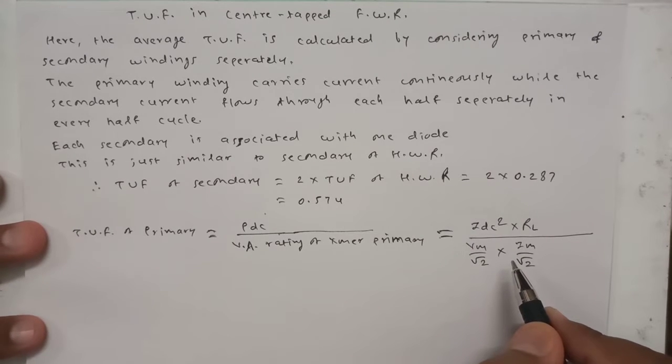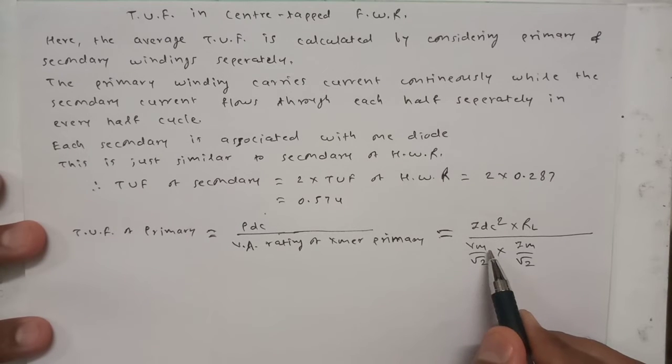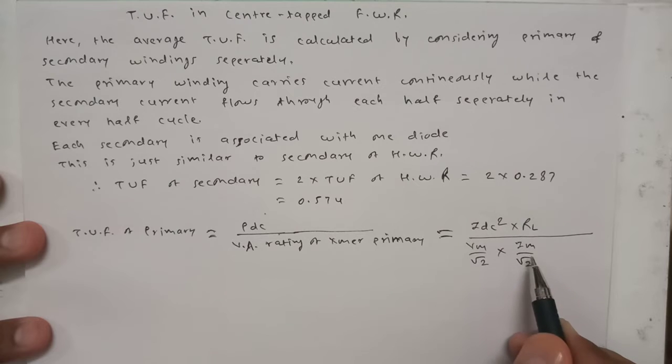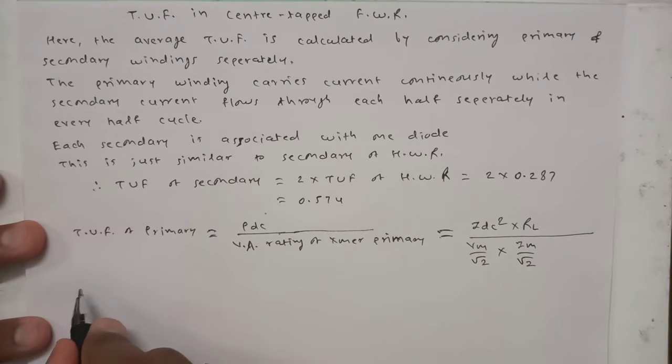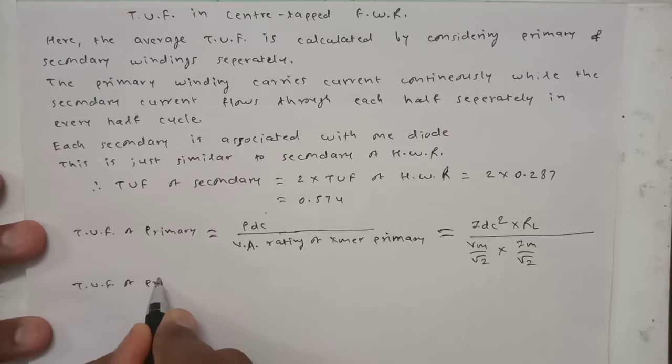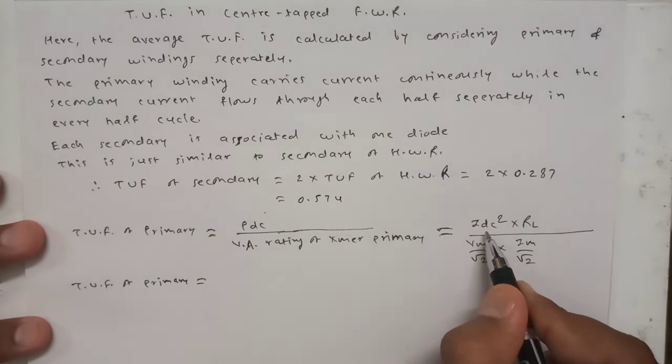Now after this, if you want, we can put the equation of this Vm in terms of Im. This is already Im, so if I convert this term into Im, it will be easy to calculate. So what I can write here is TUF of primary is equal to, now instead of IDC, I will write the equation of IDC for full wave rectifier in terms of Im.